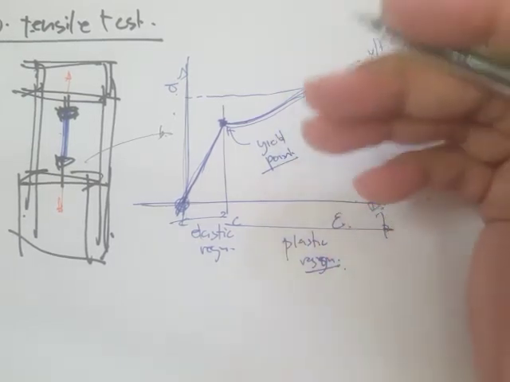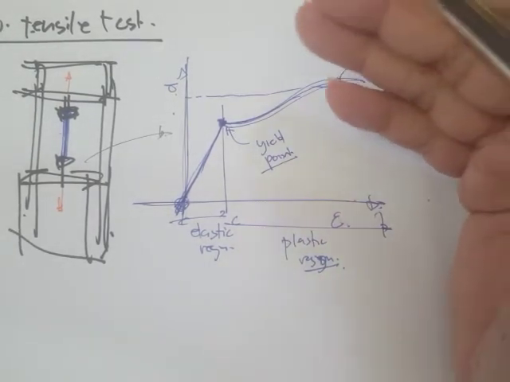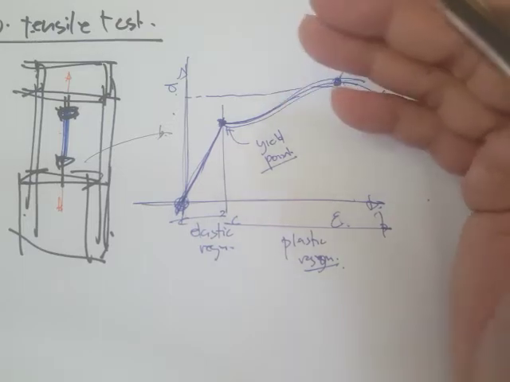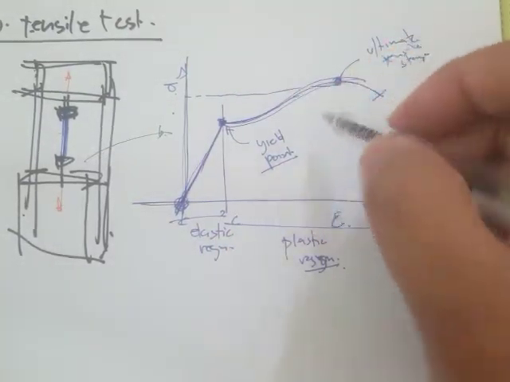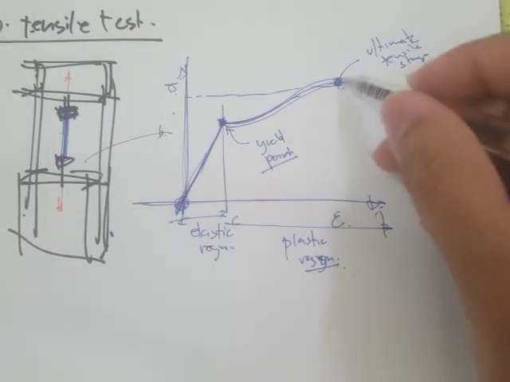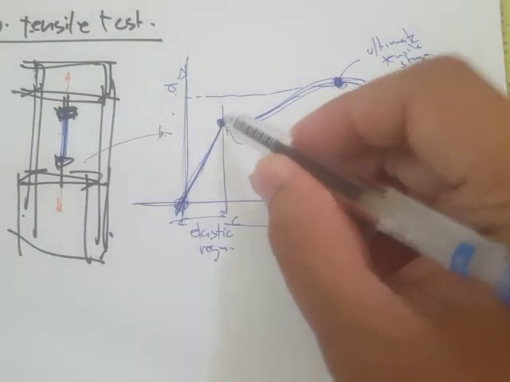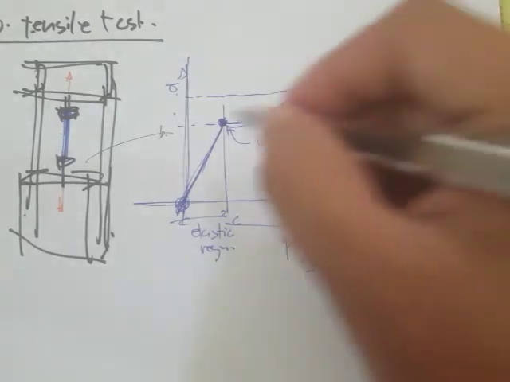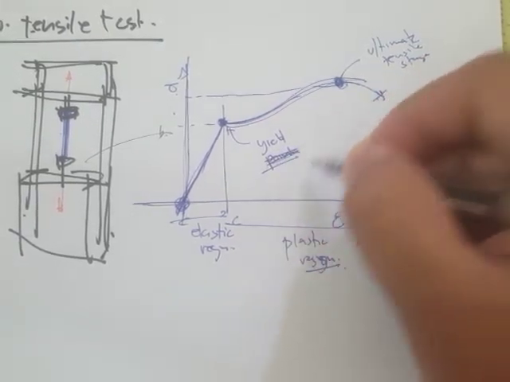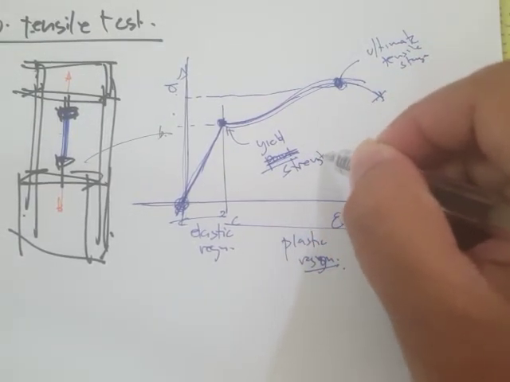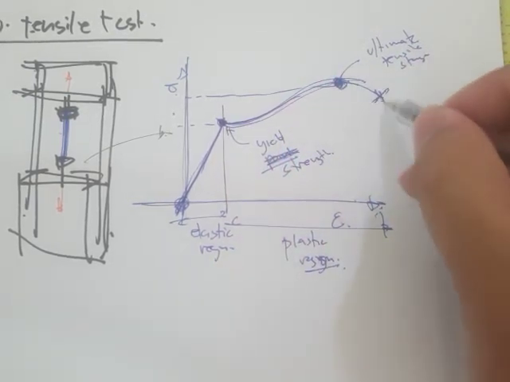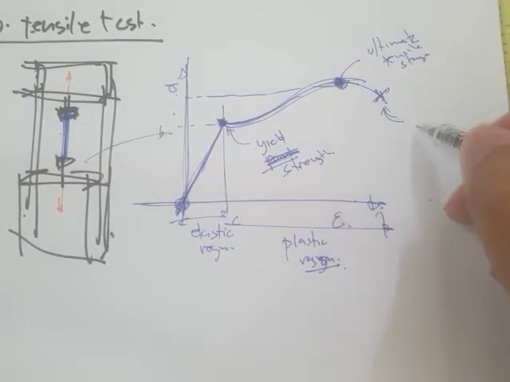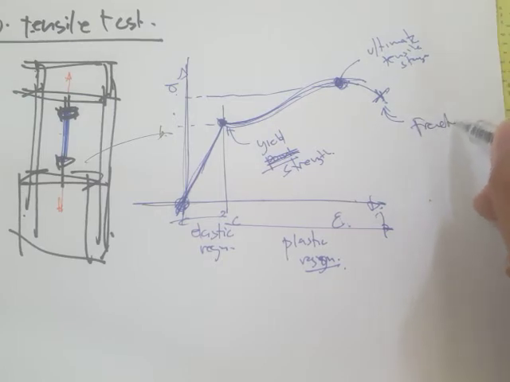Yield means that it's about to not become linear anymore. So if this is our yield strength, we have this yield point, or in terms of strength, let's just say yield strength. And we have this ultimate strength, and finally the material breaks apart. So this is what we call fracture.